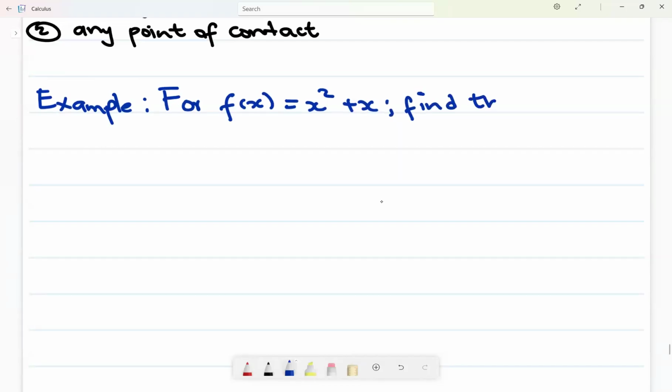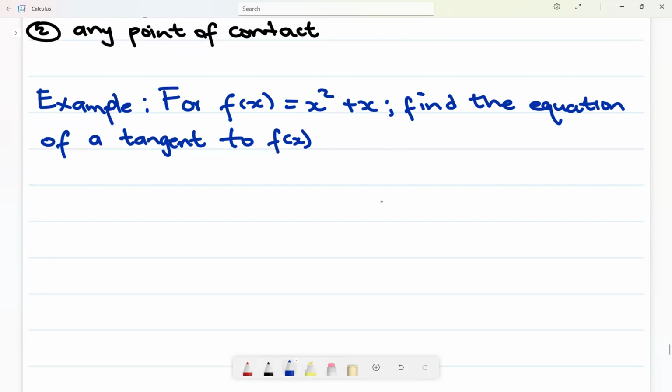Find the equation of a tangent. Find the equation of a tangent to f of x at the point 1 and 2.